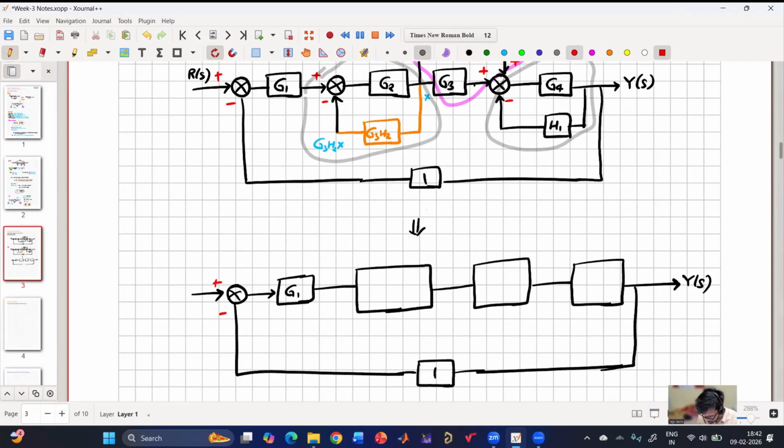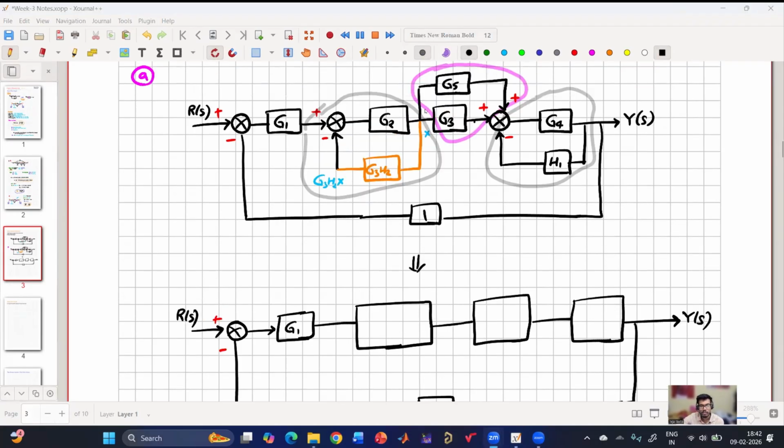This is plus minus, this is R of S. Now what will be the gains? What will be the simplification of this, of this, and of this?